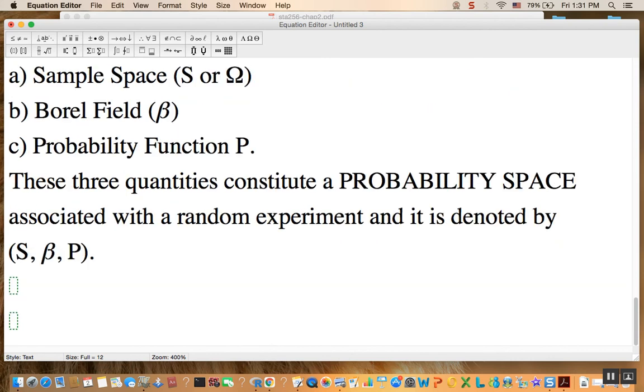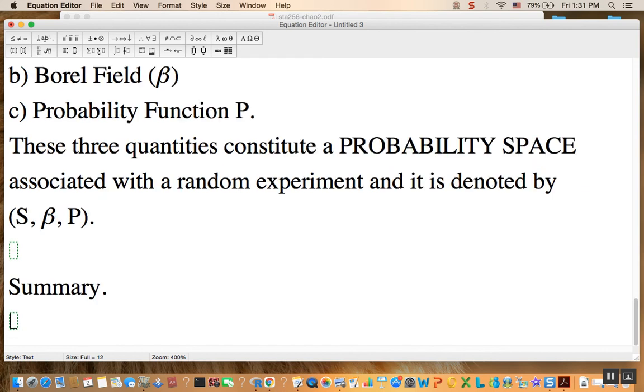So, a summary of what we just did. Today we talked about two important concepts.